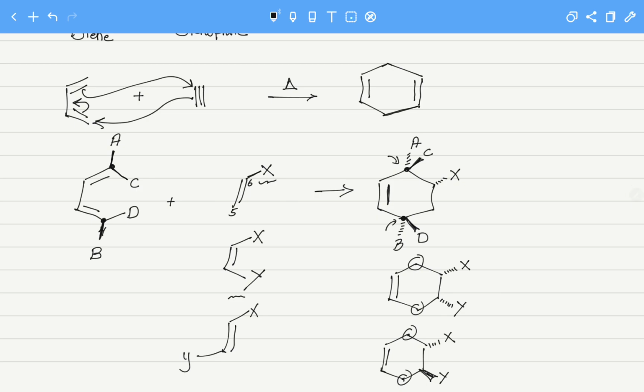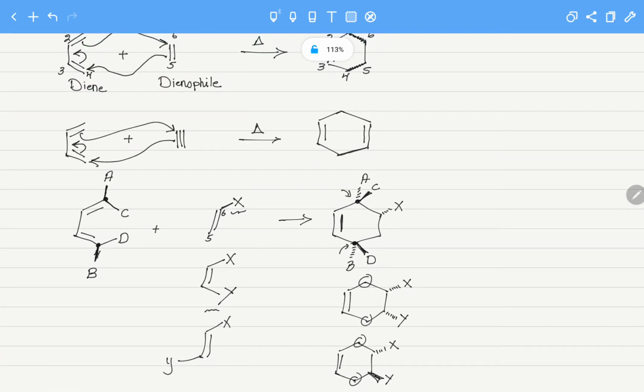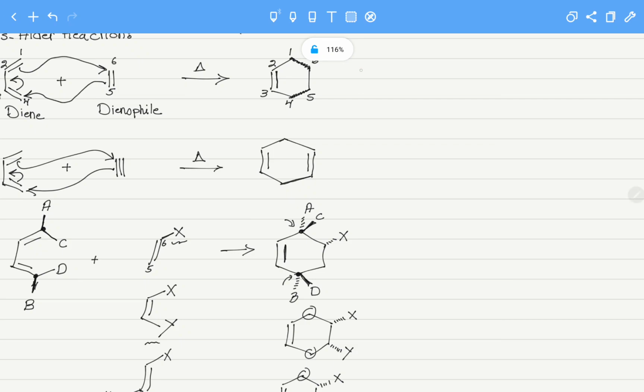Let's take some specific examples. Let's say, for example, we were given this diene which has this branch and this branch, and we were asked to complete the reaction with this dienophile.